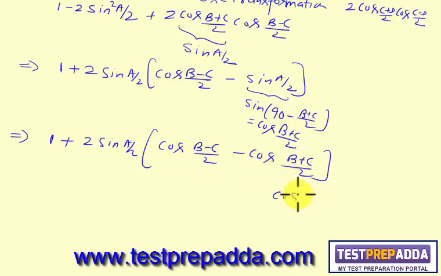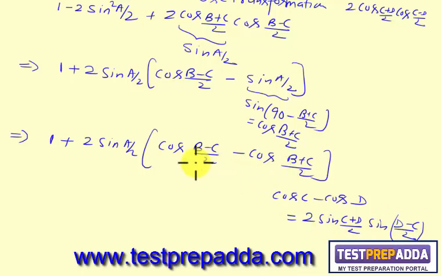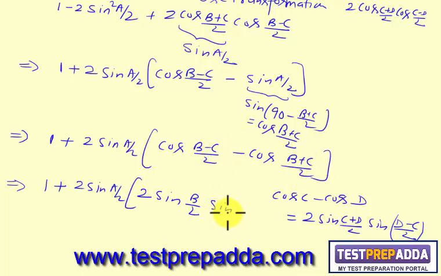Now, cos C minus cos D. Cos C minus cos D is what? Recall the formula: cos C minus cos D is equal to 2 sin C plus D by 2 into sin D minus C by 2. Mind it, D minus C by 2. So here what can we write? 1 plus 2 sin A by 2, and here 2 sin of this plus D by this by 2 will become B by 2, and B plus C by 2 minus B minus C by 2 will become what?